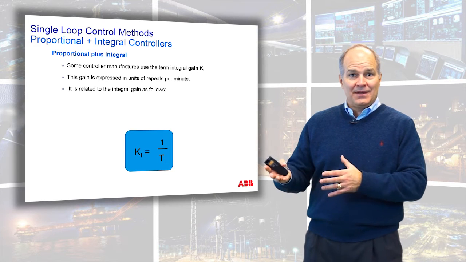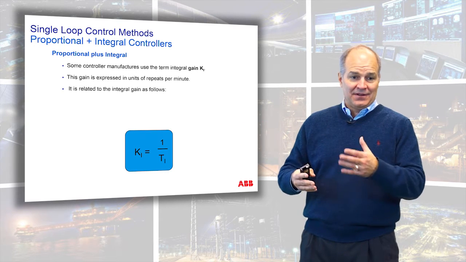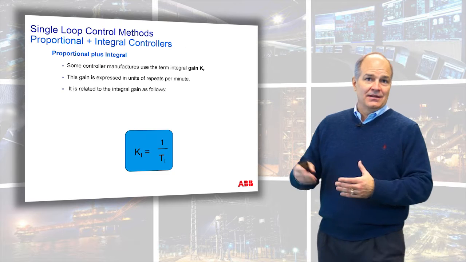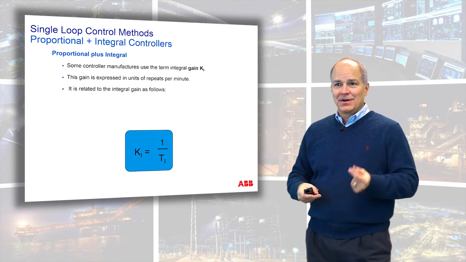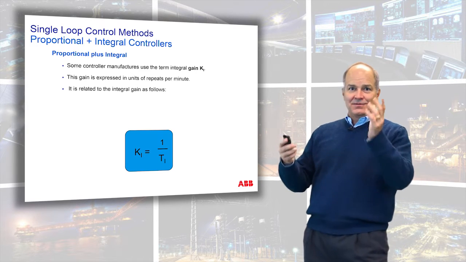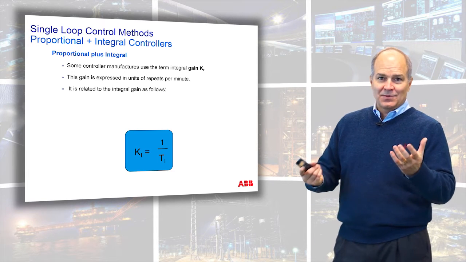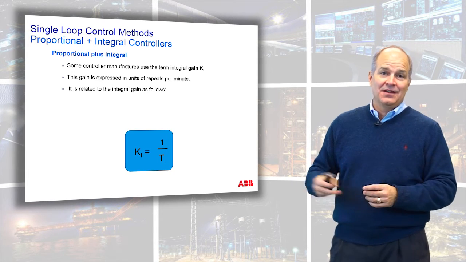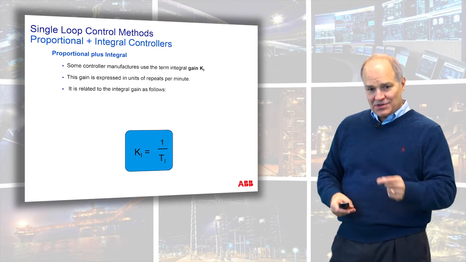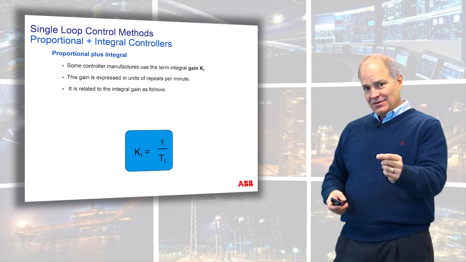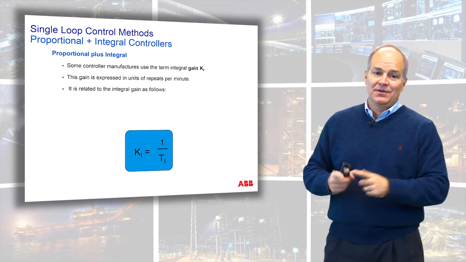So if you had a 30-minute time constant, you'd have to enter, you know, whatever that is, 30 minutes times 60 seconds, 1800 seconds or something like that. That's why there's a magnitude of 60 different if you get your units wrong. So make sure that whatever your time constant units are and your integral time units are matched.